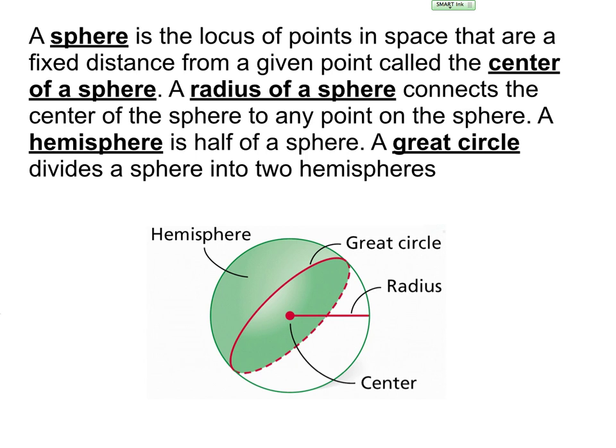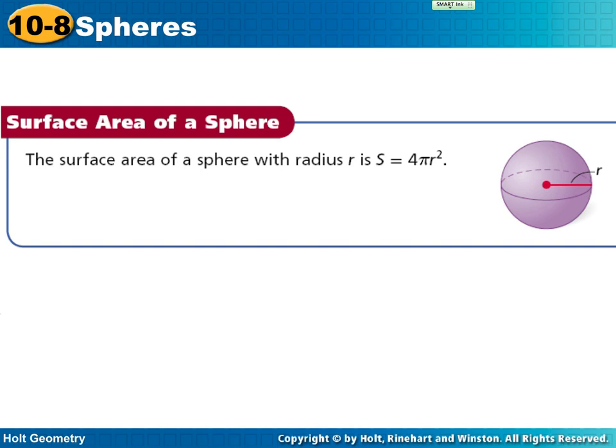As far as vocabulary, a sphere is a three-dimensional circle. A sphere is the locus of points in space. Simple formula for a sphere is over here, 4 pi r squared.